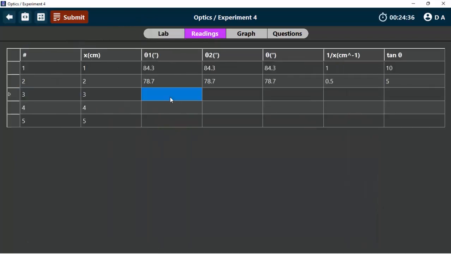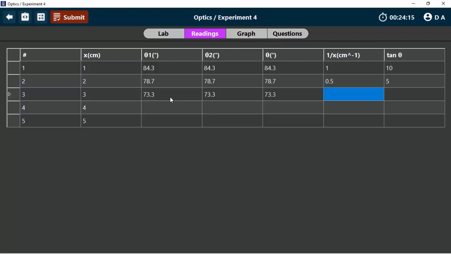So the reading here for theta 1 is roughly 73.3, and the other one is roughly 73.3, and theta is 73.3.